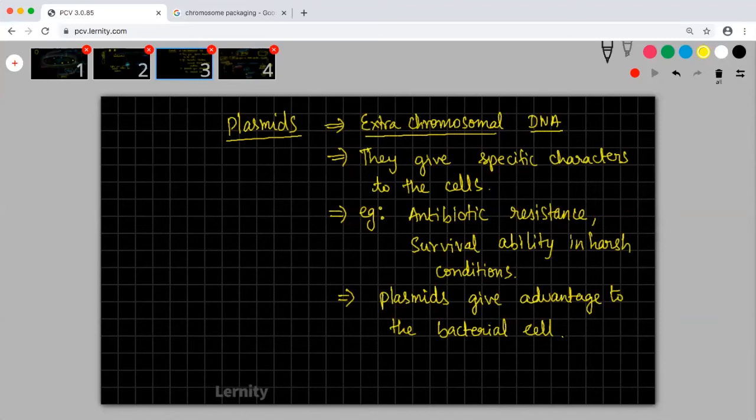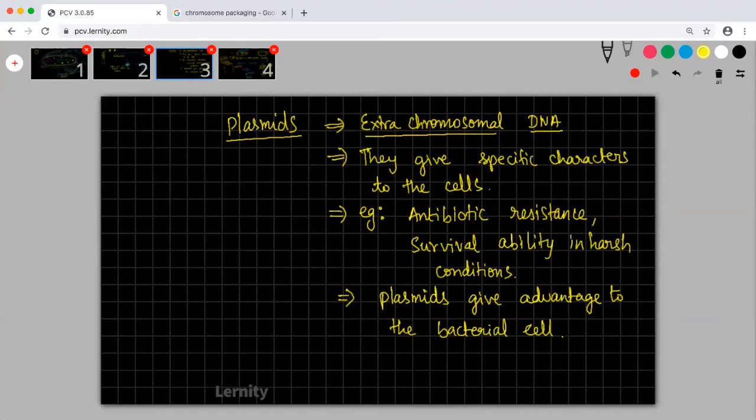So please understand, this plasmid is some kind of evolutionary help that the earth, or the universe, is making for the bacteria. Say for example, I am getting a cold or fever. Immediately I go to a doctor, and the doctor will prescribe me an antibiotic.